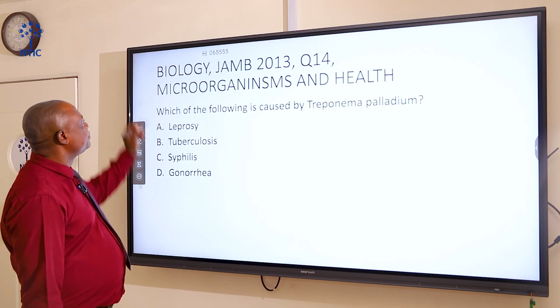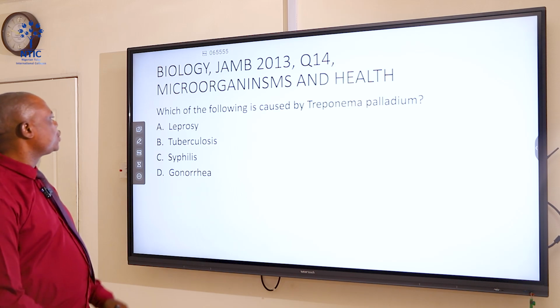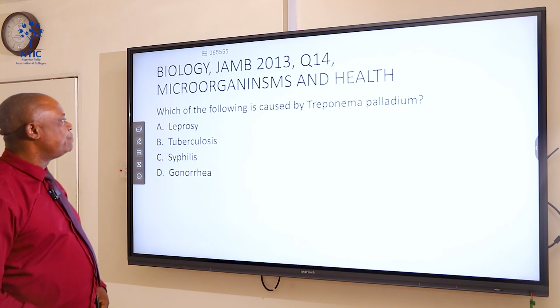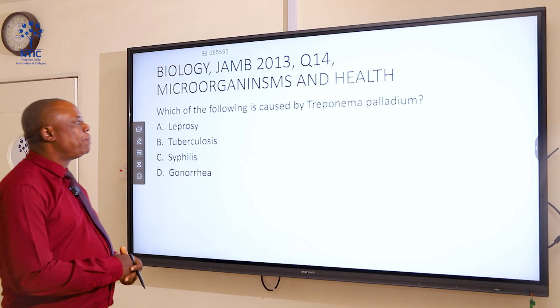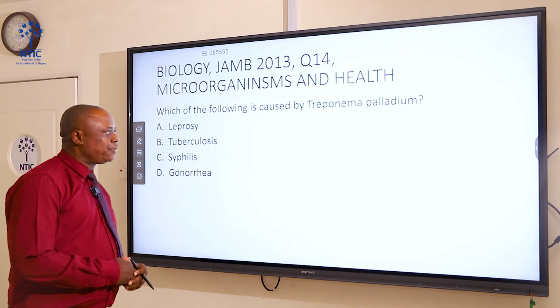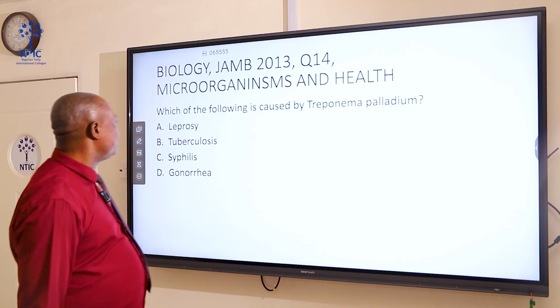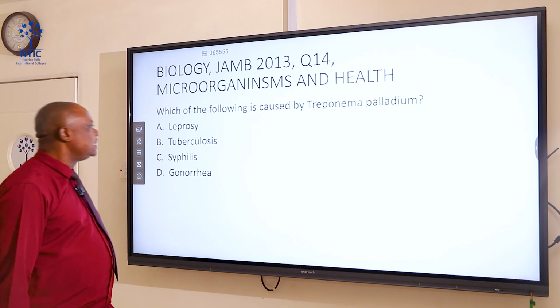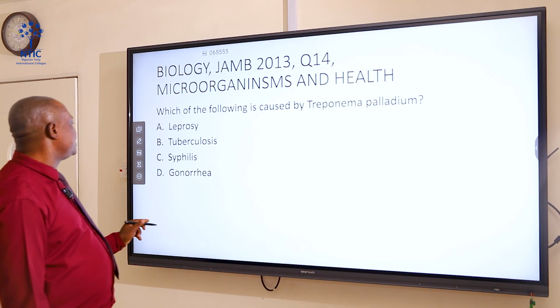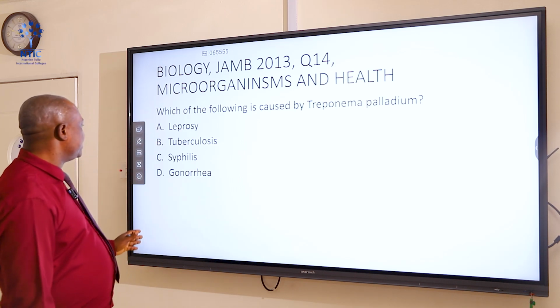Next question is question 14. Which of the following is caused by Treponema pallidum? Treponema pallidum is a particular species of bacteria, and they are the causative agent of one of the options on the board.